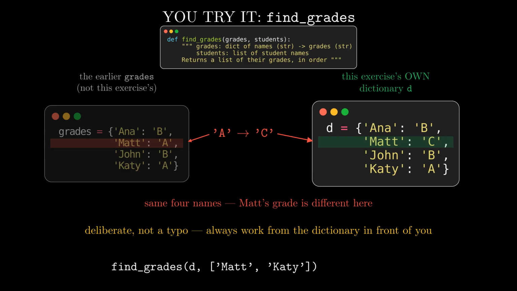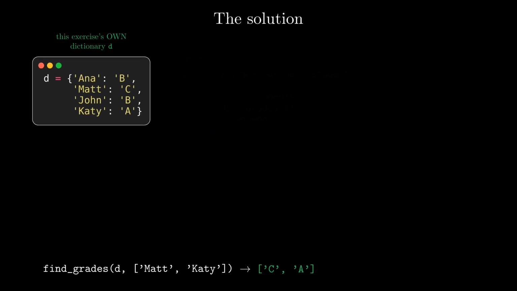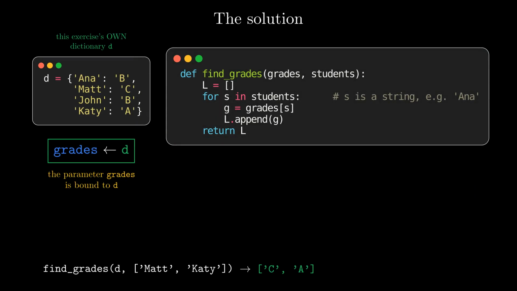So with D and the list holding Matt, then Katie, we expect the function to look up Matt and see a C, look up Katie and see an A, and hand back a list with two grades in it, a C, then an A. Now the solution. Start with an empty results list, L, then loop over the students one at a time. The loop variable S is each student name, a string like Anna.